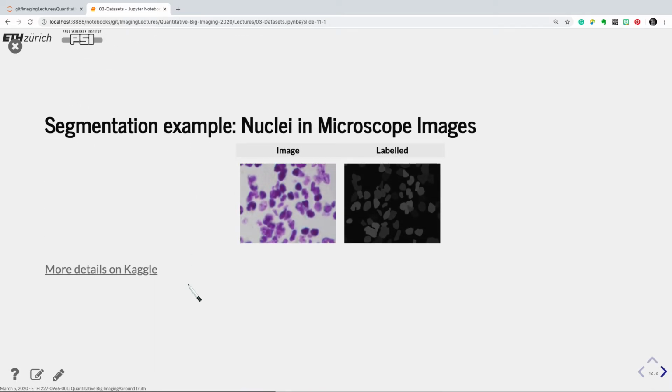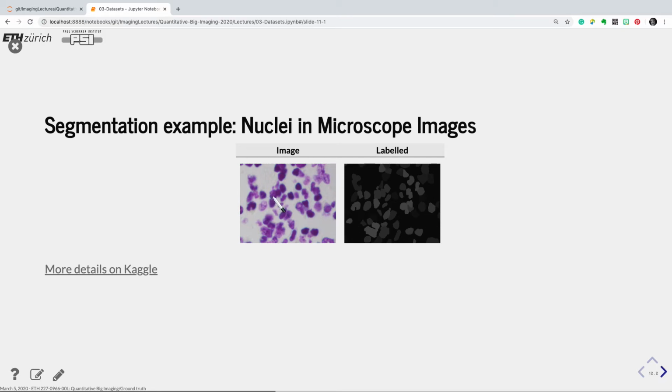And here is one example of segmentation where we want to look at nuclei on the microscope image, and afterwards you want to have labels on each one of them. This is maybe a more classic image processing task than machine learning, but in some cases it's also good to use machine learning here.